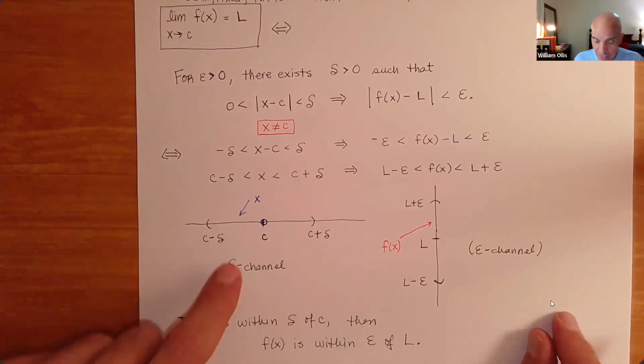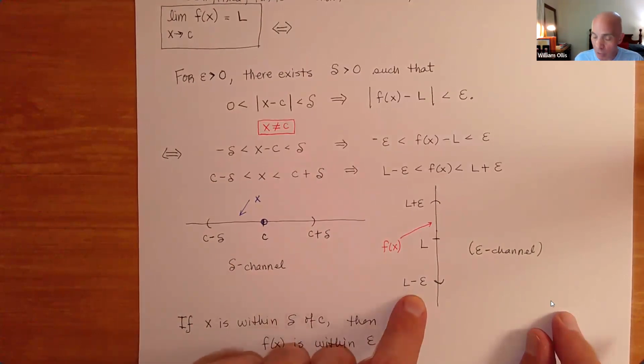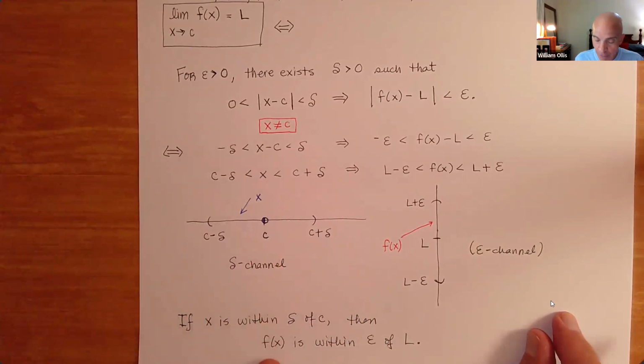If X is in the delta channel, f of X is in the epsilon channel. If x is within delta of c, f of x is within epsilon of L.